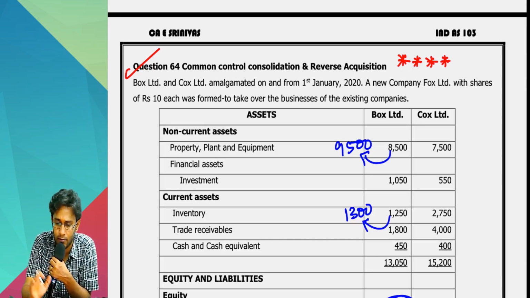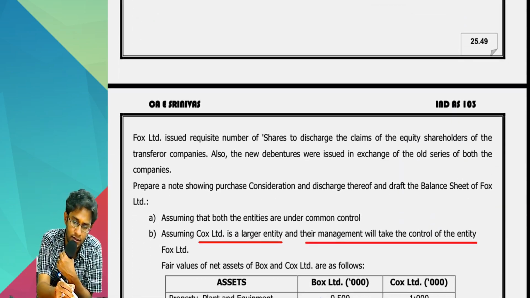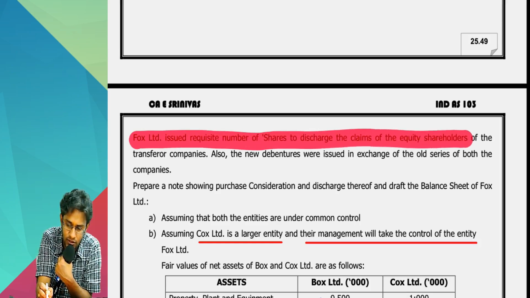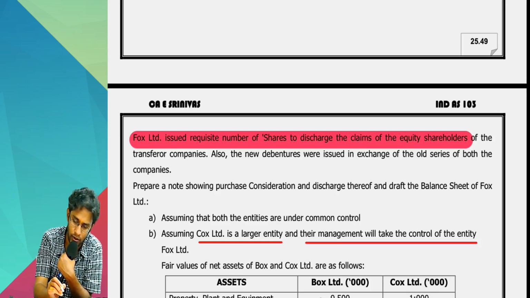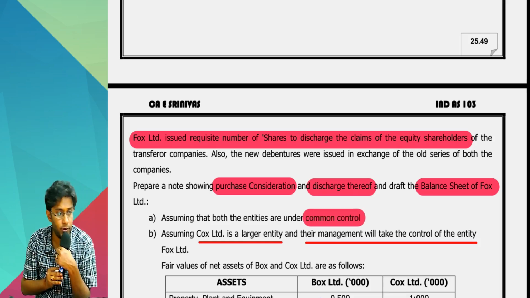Box and Cox are both taken over by Fox. He says Fox issues the requisite number of shares to discharge the claims of equity shareholders. Debentures are also taken over. He says, work out PC, the discharge thereof, and the balance sheet of Fox, assuming that they are under common control.